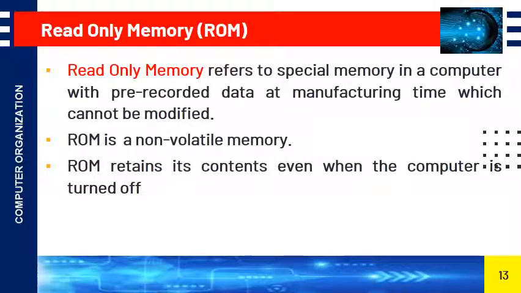So the data in ROM is written during the manufacturing time itself. ROM is a non-volatile memory, which means the information stored in it is permanent. ROM retains its contents even when the computer is turned off. So the information stored in ROM will not be erased at all.